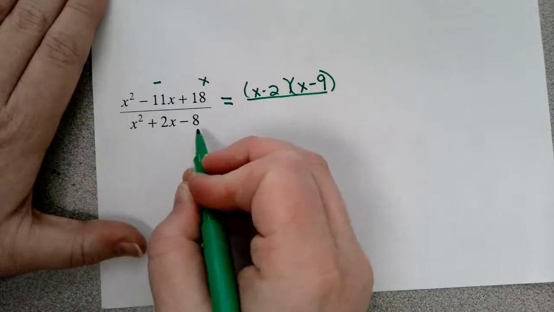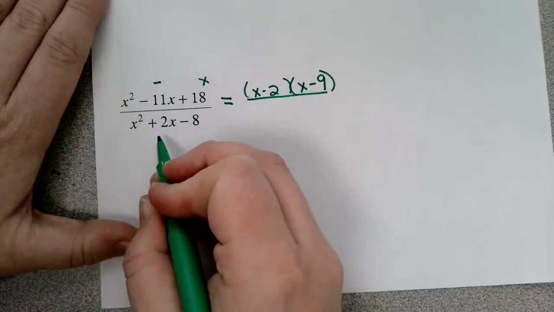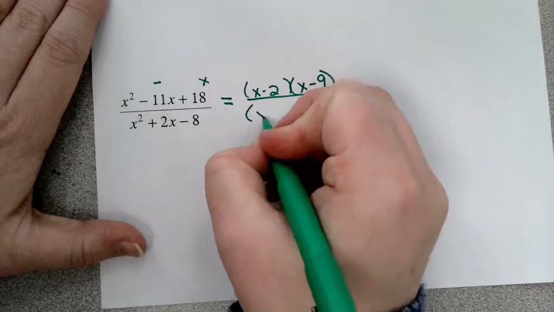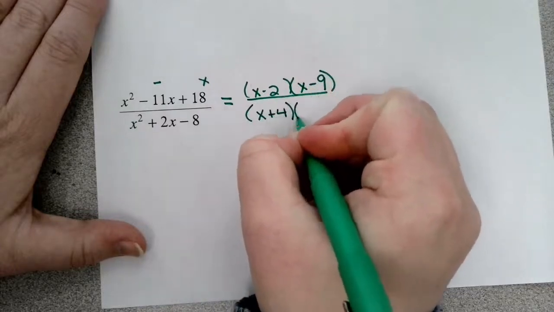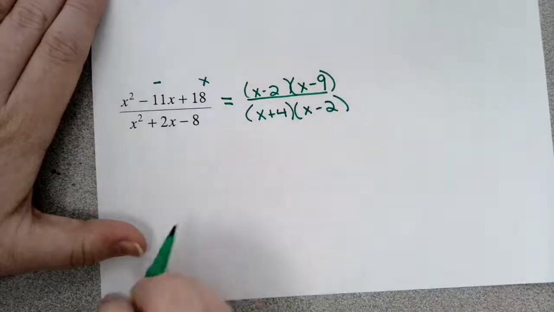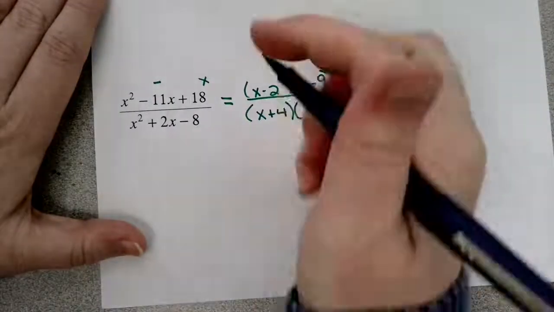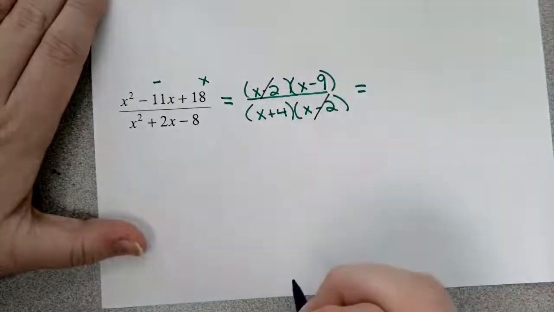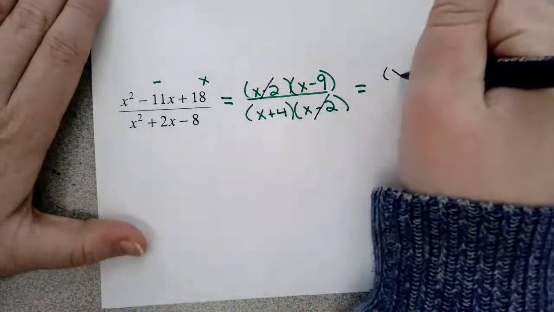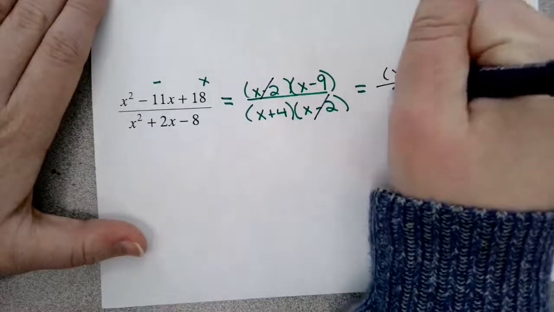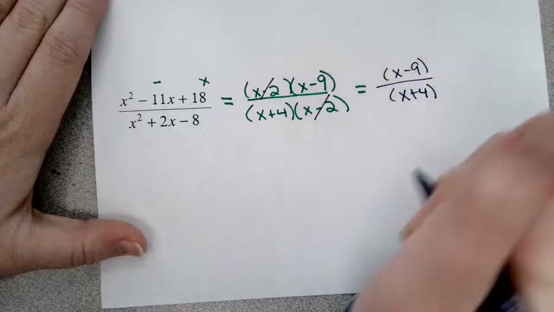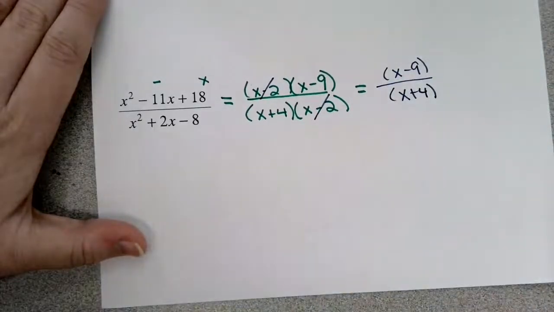What two numbers multiply together to be negative 8 but add together to be 2? It's going to be a positive 4 and a negative 2. And we'll see right here that I have an x minus 2 and an x minus 2. I can simplify those. x minus 9 and x plus 4 are not alike, and I cannot simplify them, so that will be my final answer. Let us know if you have any questions.